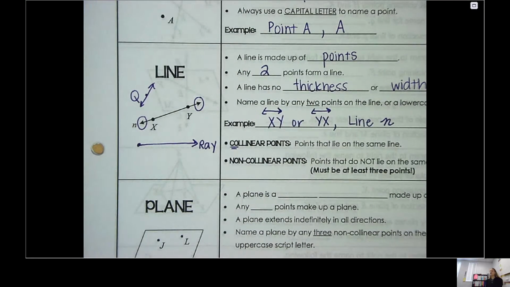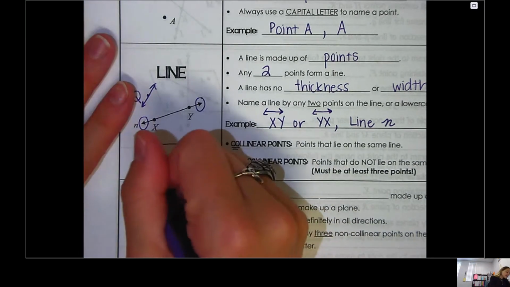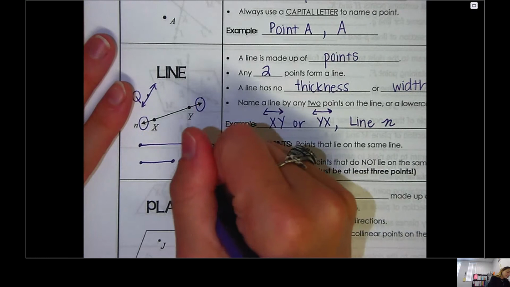So it's similar to a line, very similar, but instead of going on forever in both directions, it only goes forever in one direction. And then the last piece is something that has a starting point and an ending point, but it doesn't go on forever. It's just one small piece. It's called a segment.